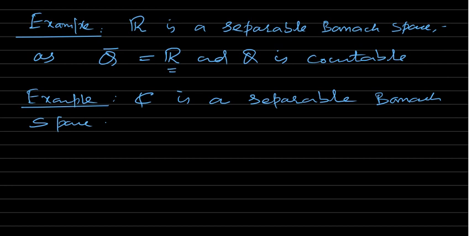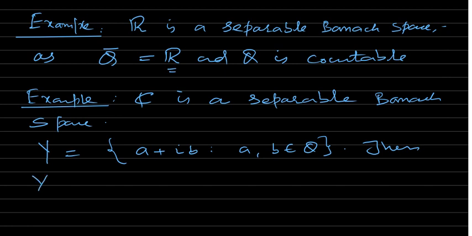If I define the set Y of all a plus i b, where a and b are rational numbers, then this Y is countable because Q is countable, and with respect to any norm you can see Y closure is equal to C. So these are the simple examples of separable spaces.